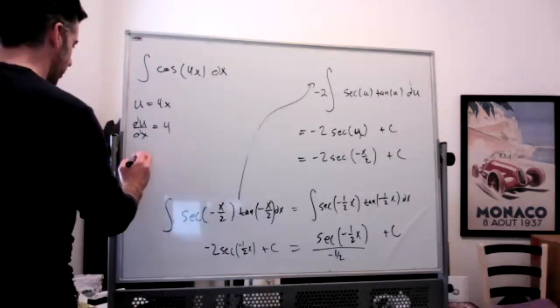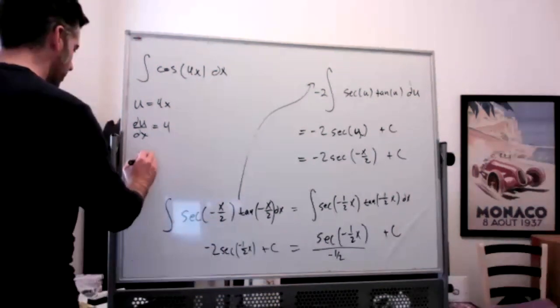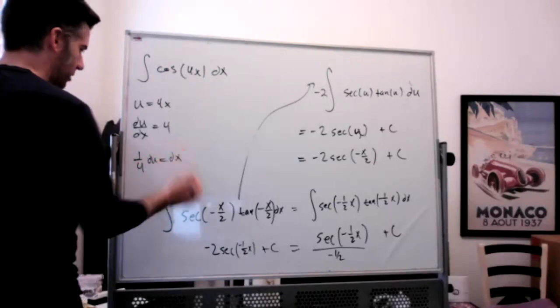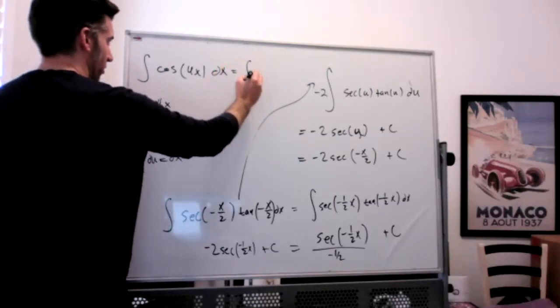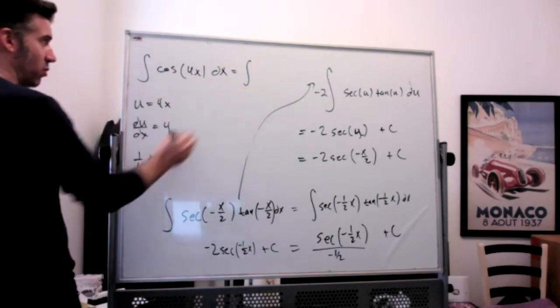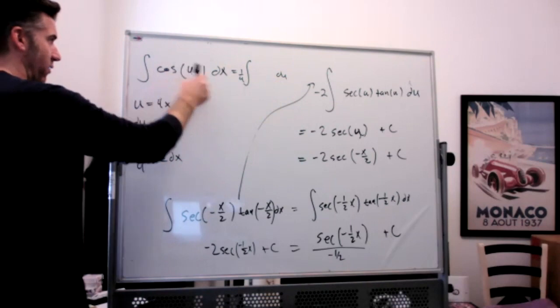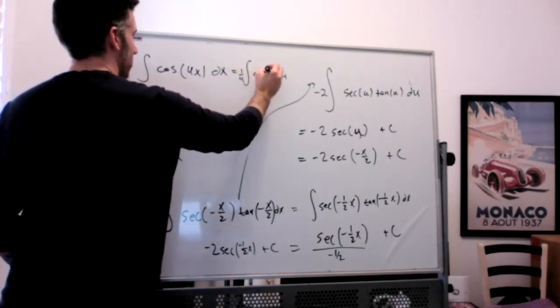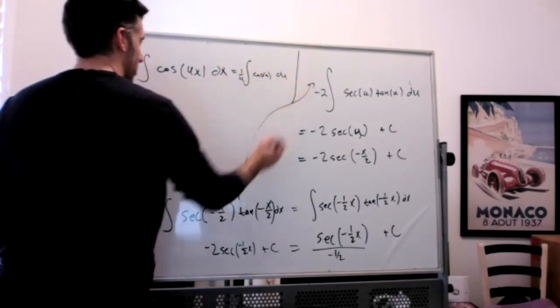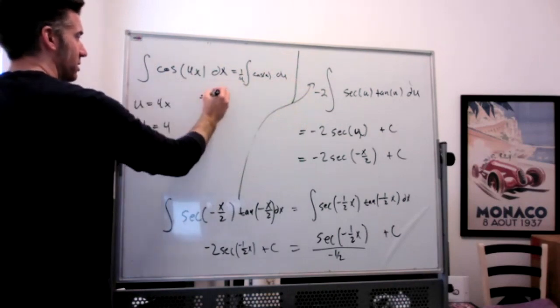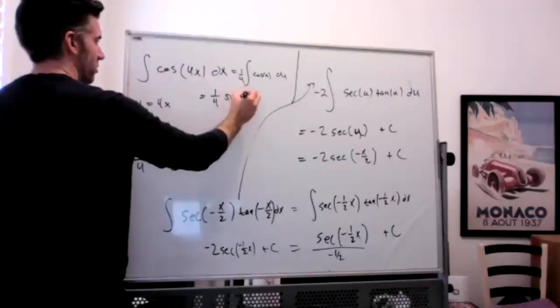Right here, you're going to get 1/4 du equal to dx. And then this is going to become the integral of cosine of u times 1/4 du. The antiderivative of cosine of u is sine of u.